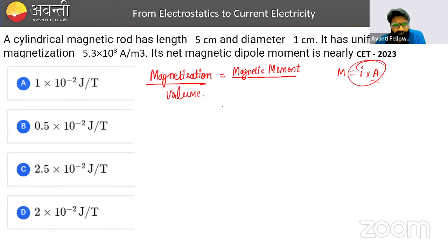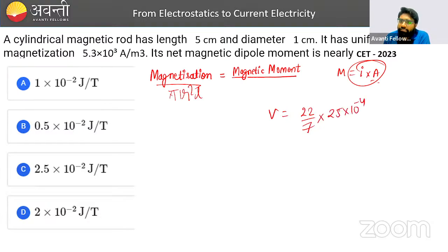So now calculate the value. Put it here. पाई आर स्क्वायर एल. तो वॉल्यूम कैसे फाइंड आउट करेंगे. 22/7 into r square, with length 5 centimeter, so it will become 25 into 10^-4 because 1 centimeter is 10^-2 meter.